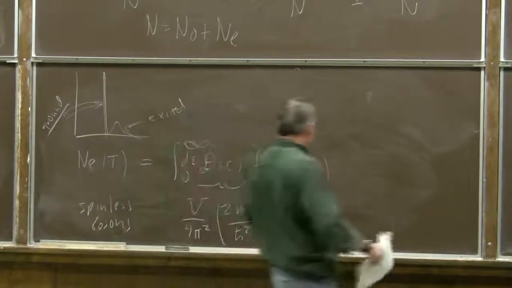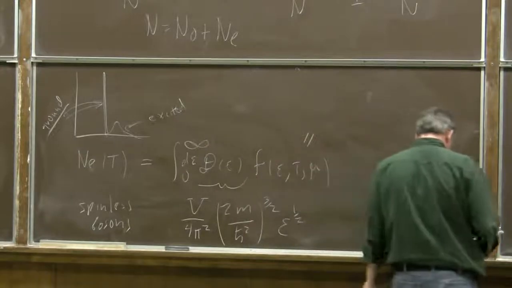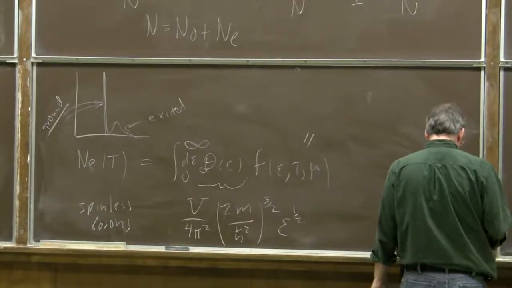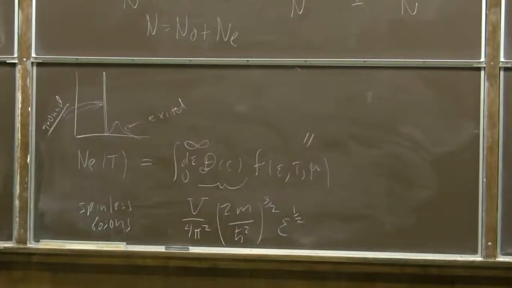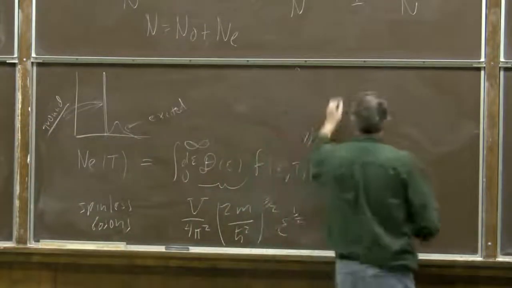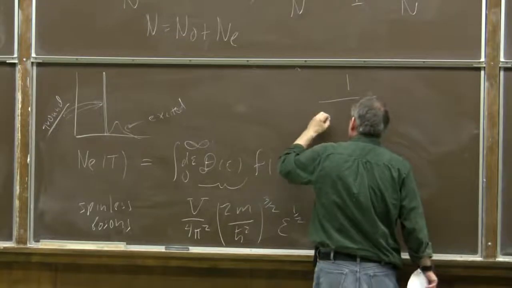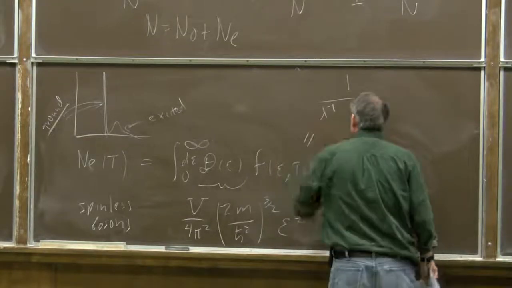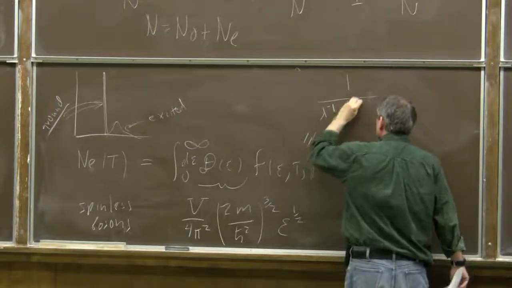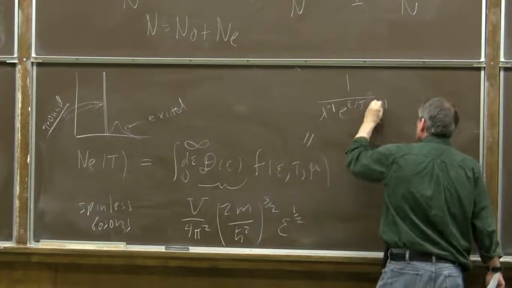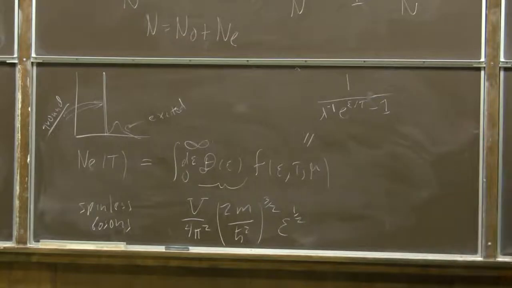And the distribution function is the Bose-Einstein distribution. I'll write it in terms of the activity, which is e to the mu over tau. So it's 1 over lambda inverse, that's e to the minus mu over tau, e to the epsilon over tau, minus 1 for the distribution function.